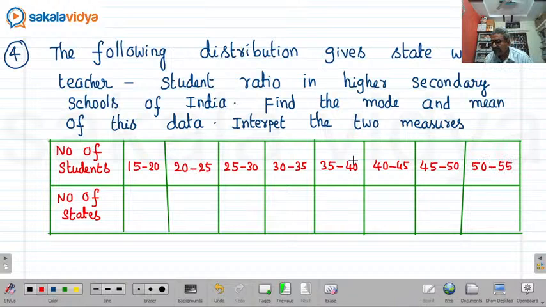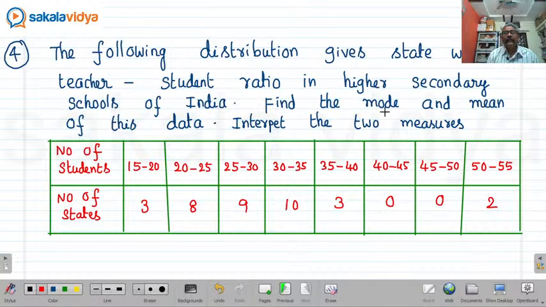These are the given class intervals. So now the respective frequencies, let us write: 3 states here, 8, 9, 10, 3, 0, 0, and 2. Right.